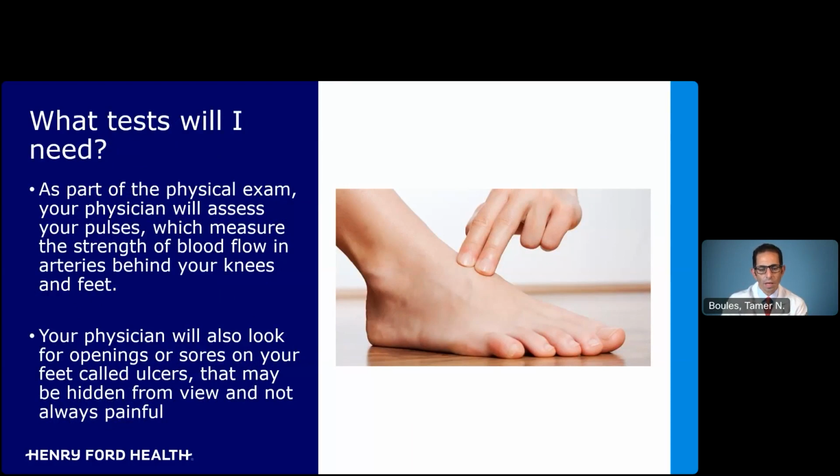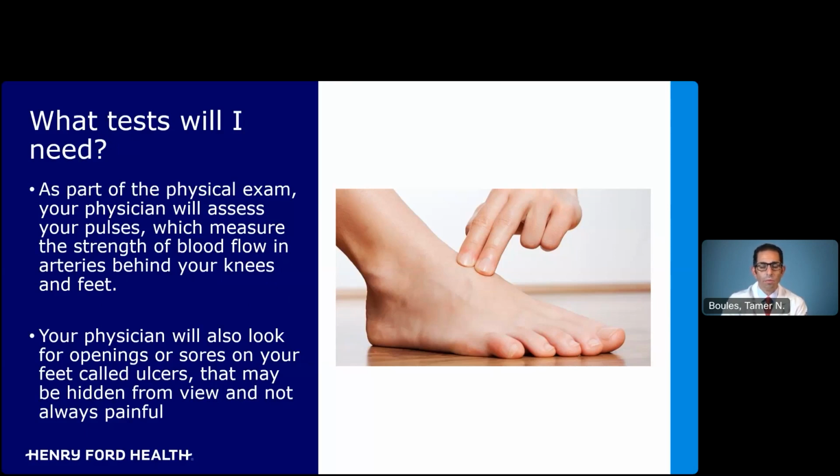A good pulse examination, looking at the pulses that you can feel on the top of the foot, on the inside of the ankle, behind the knees, and even in the creases of your groin is very important to assess the blood flow and can be done very simply and non-invasively.